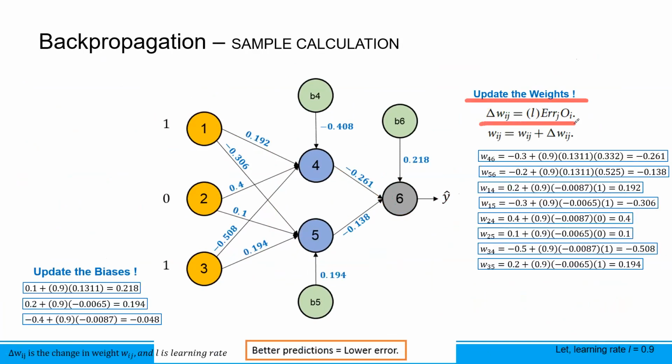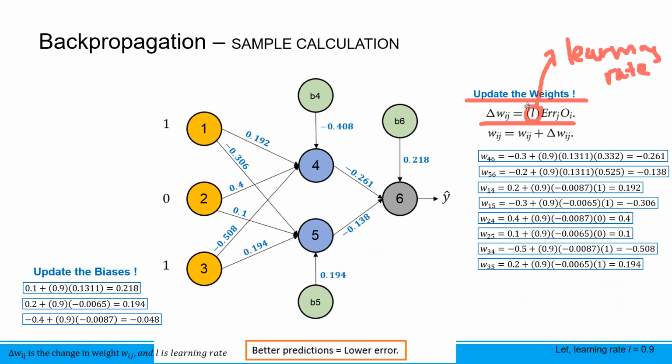The delta Wij involves another parameter, l, which we call the learning rate. You can determine this; like I mentioned before, a smaller learning rate is better.